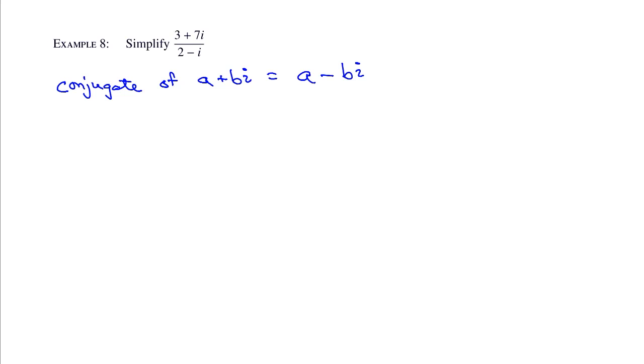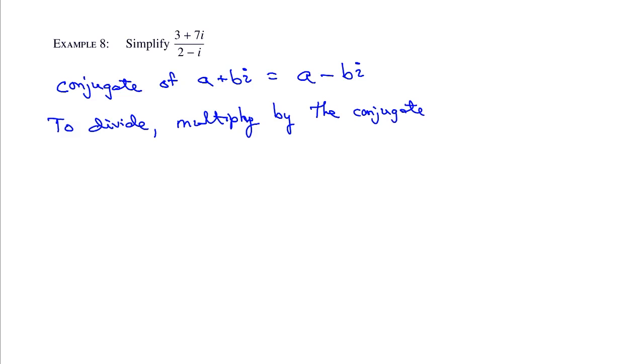Then, to divide, we're going to multiply by the conjugate of the denominator divided by itself.